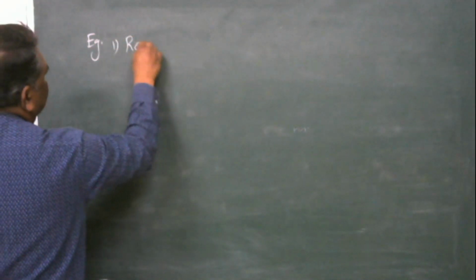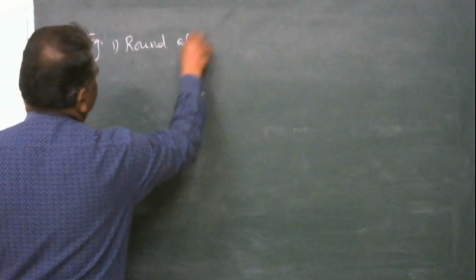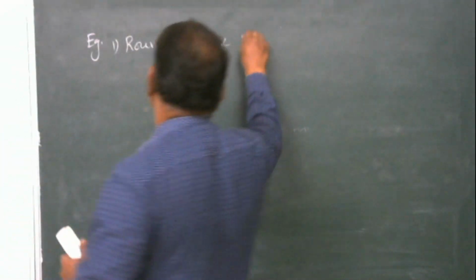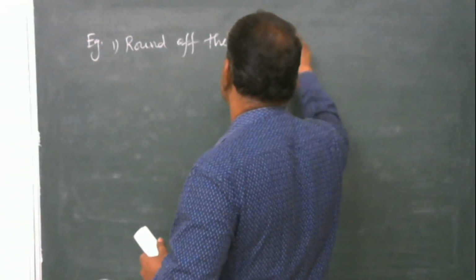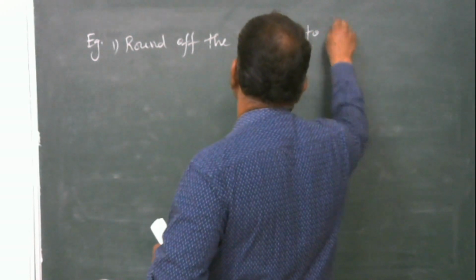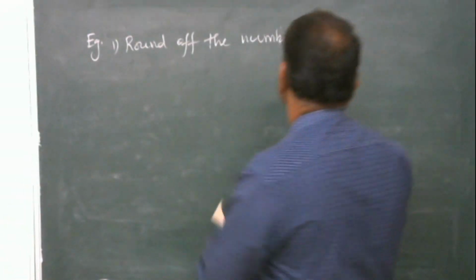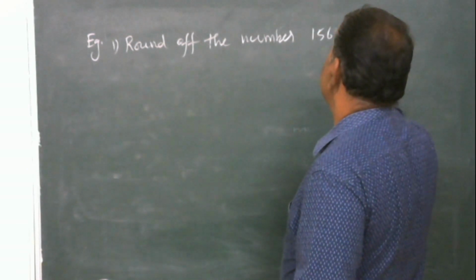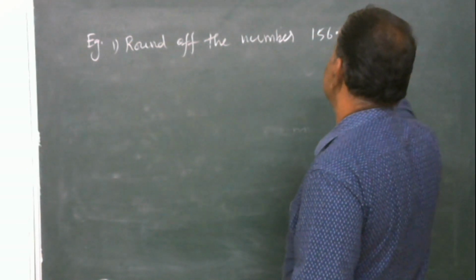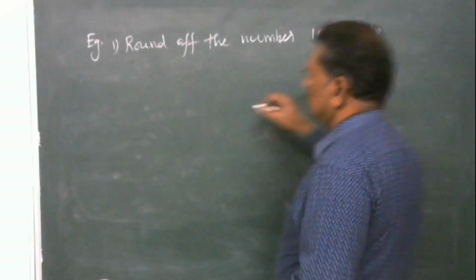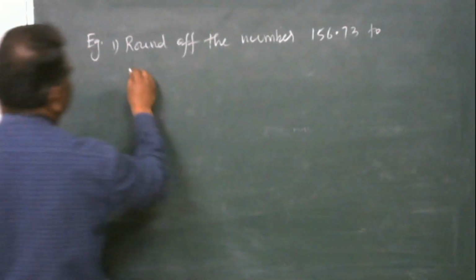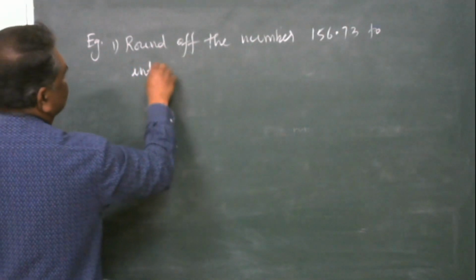Example one: round off the number 156.73 to an integer.